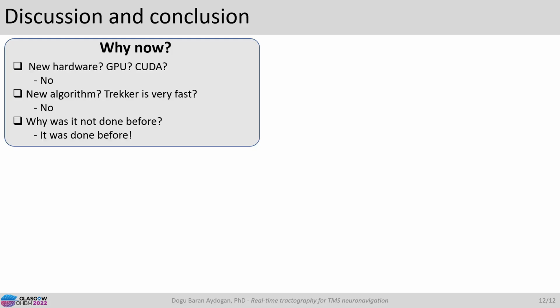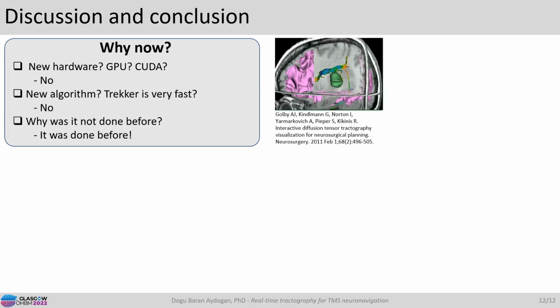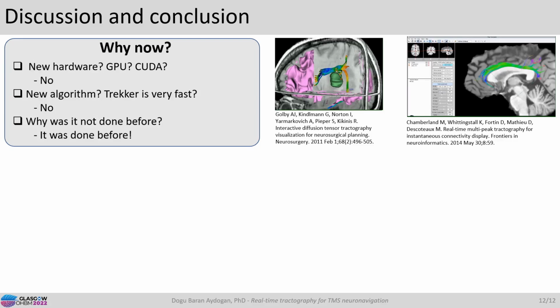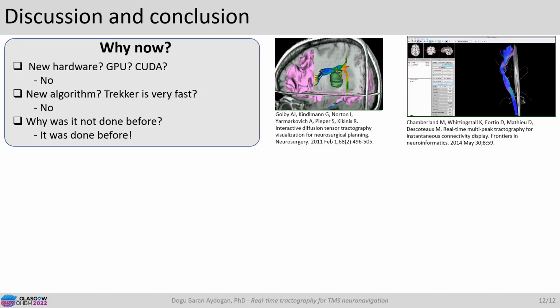The answer is this was actually done before. In 2011, in Slicer 3D, for example, a real-time tractography-based application was developed for neurosurgical planning. And in 2014, a software called Fiber Navigator was modified to have real-time capabilities, where one can modify tractography parameters on the fly.